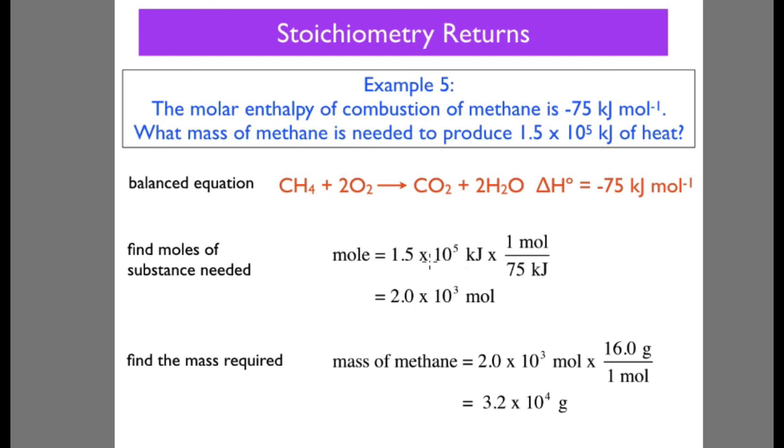We know that 1.5 times 10 to the 5 kilojoules is produced. We know that 1 mole gives us minus 75, so we use this conversion factor to find out the moles of the substance needed. It's going to give us 2 times 10 to the 3. Then we're going to find the mass required. We've got the moles, so we can just use the conversion factor of the molecular mass of methane to give us our final result in grams.